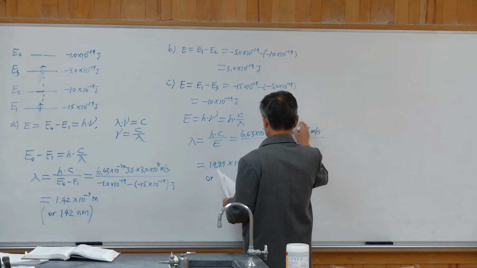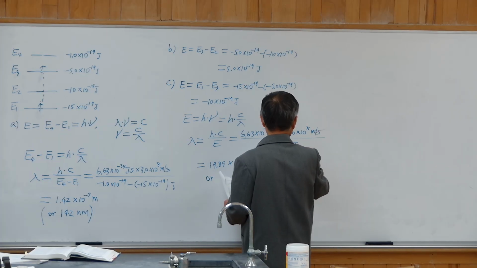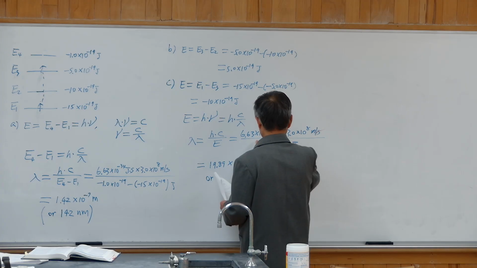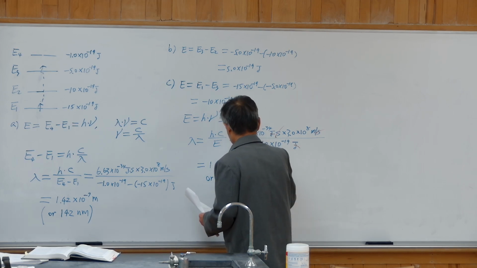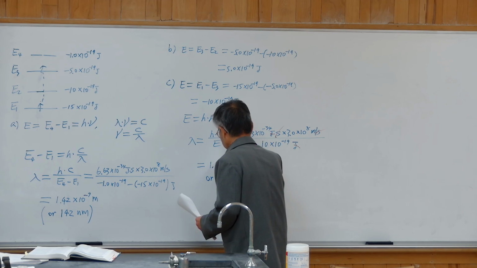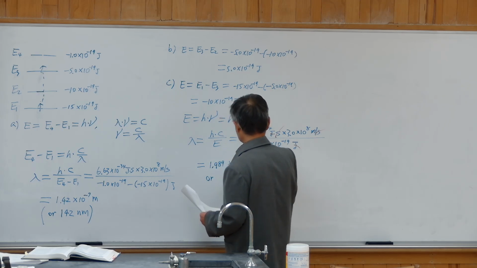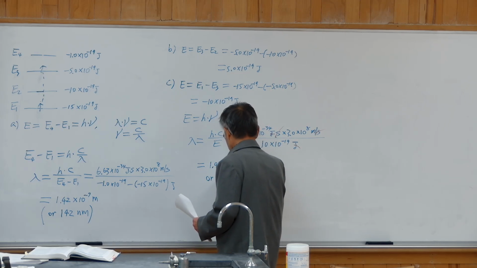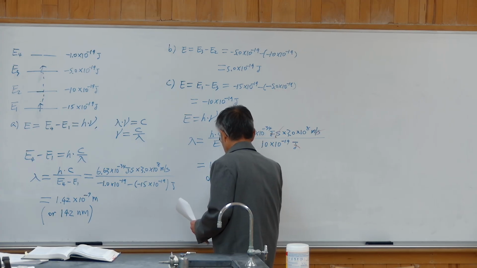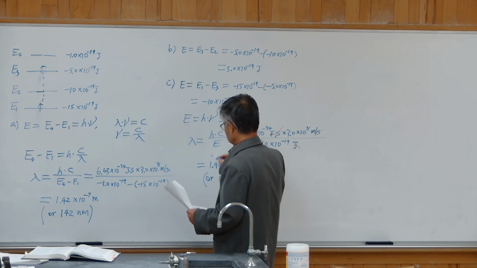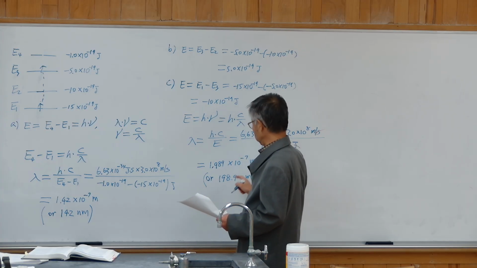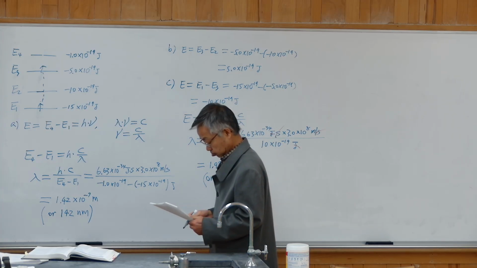This is negative 7, but here, 6.63 times 3 divided by 10 is 1.989. Then times 10 to the 9th power. Minus 7 is 2. Moving 2 decimal places is 198.9 nanometer. Again, here it is not required, so you can keep it in meter.